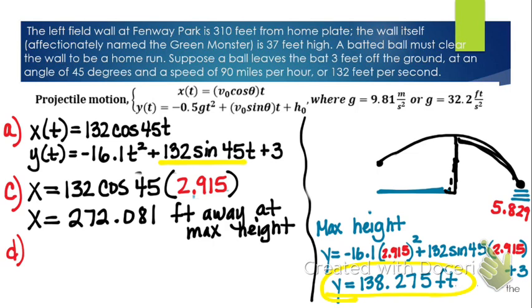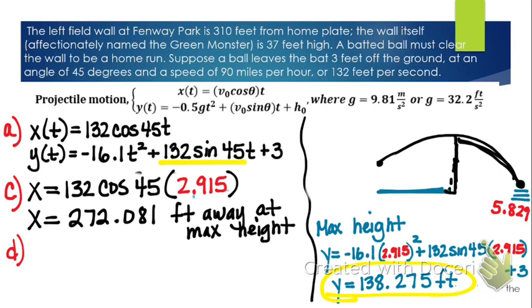For part D, it says, if the ball is hit straight down the left field wall, will it clear the green monster? If it does, how much does it clear the wall? So let's go to the very first sentence. How far away is that wall from the home plate?